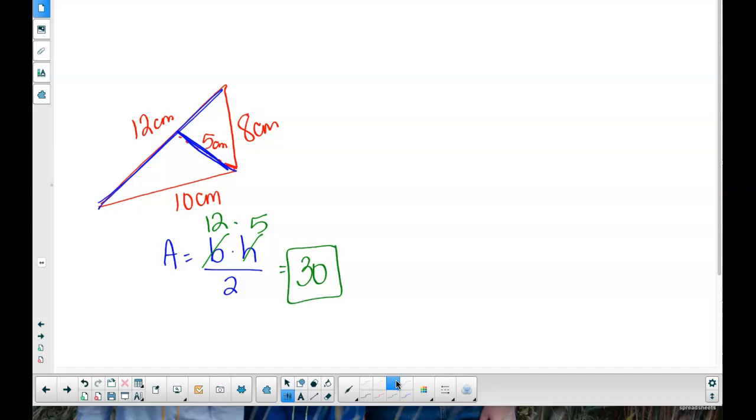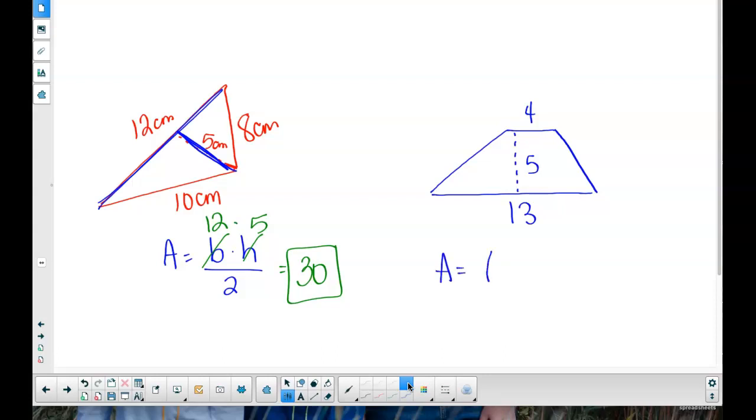Okay, I'm going to give you one more. If this was the shape, find the area of that. That is a trapezoid. There's our formula.